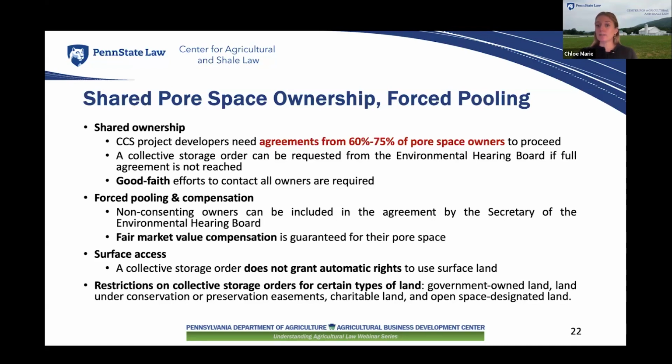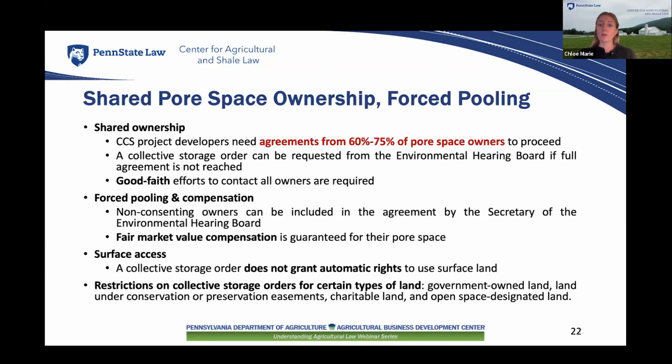Additionally, the law makes it clear that a collective storage order does not automatically grant CCS project developers the right to access or use the surface land above the pore space. If they need to use the surface, they must negotiate a separate agreement for that. Now, some restrictions apply. The Environmental Hearing Board cannot approve a collective storage order for specific types of land unless the pore space owner has voluntarily agreed to lease or transfer it.